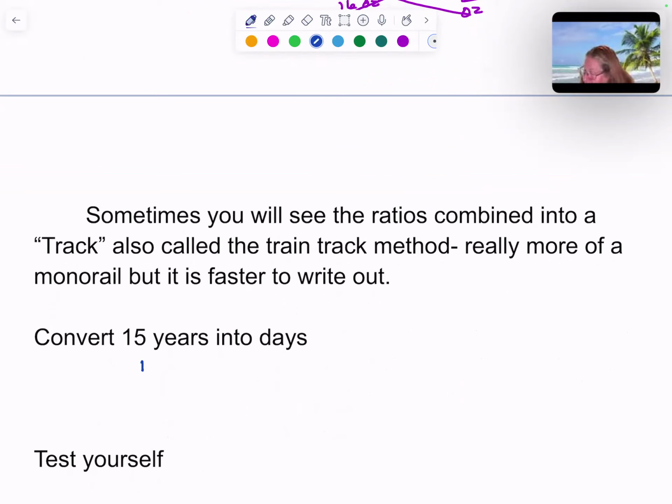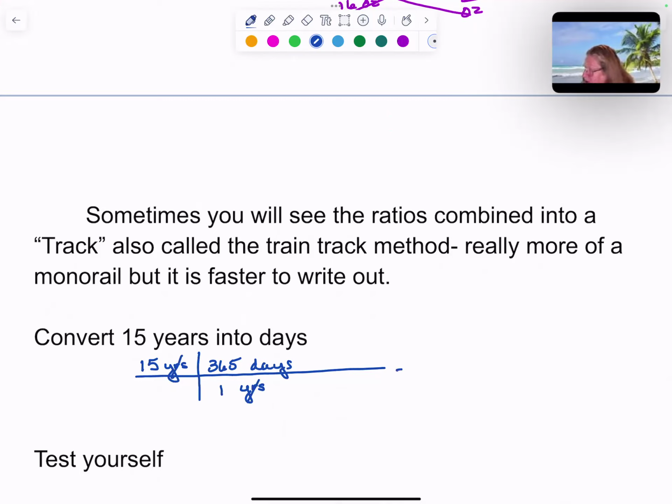If we had 15 years, that's our given. This is going to be a conversion. This down bar separates each of your steps. We know we want years on the bottom, days on top, 365 days to every 1 year.